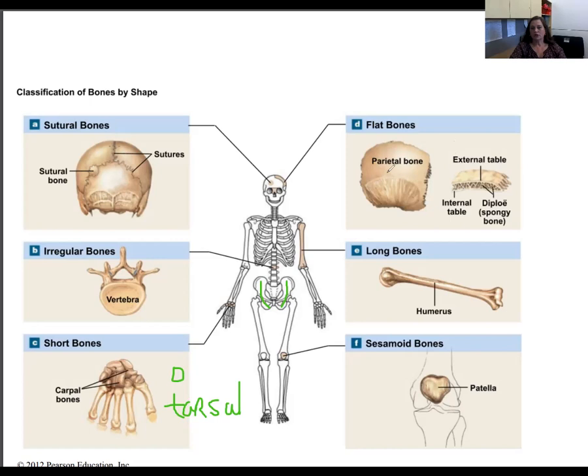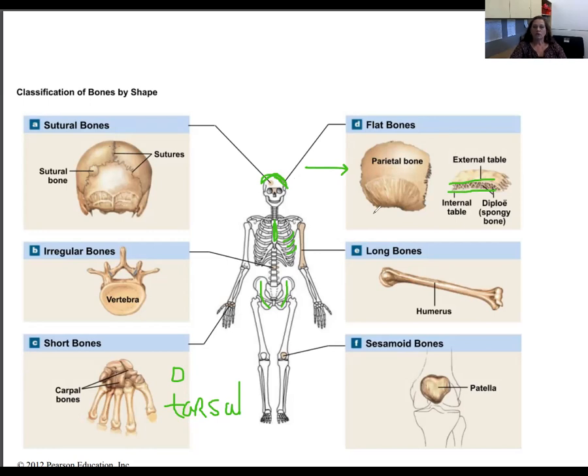So the top of the skull here, if we take this piece of bone right here, cut it out and blow it up right here, this is called the parietal bone, and you'll see it has one surface up here and a parallel surface here. Being that it has 2 parallel surfaces, this is a flat bone. Again, your flat bones are going to be found up here in the skull bones, right here in the sternum, which is your breastbone, and then your ribs. All of those are flat bones.